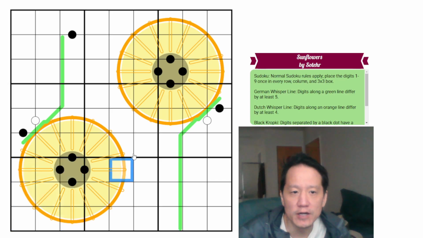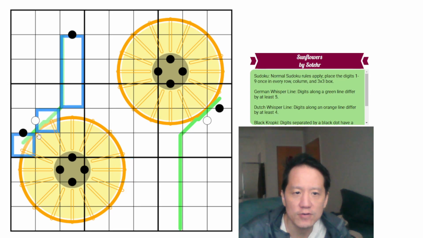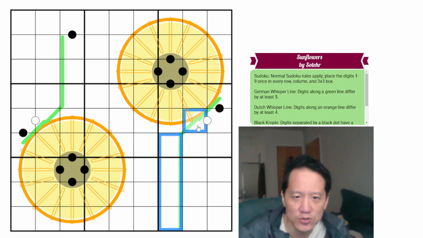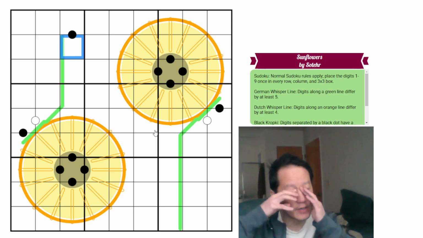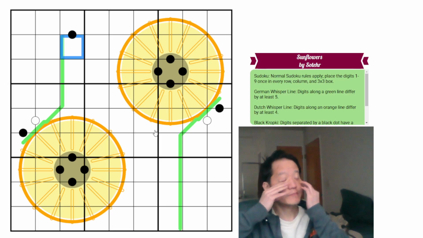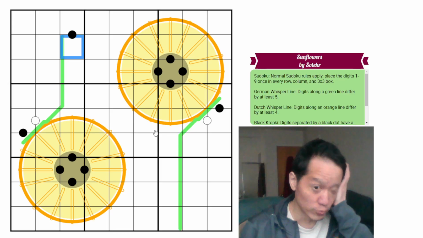German whisper lines. Digits along a green line differ by at least 5. It's kind of interesting that the line is not through the center, but is on the side. But I'm guessing that it's the same rule set.